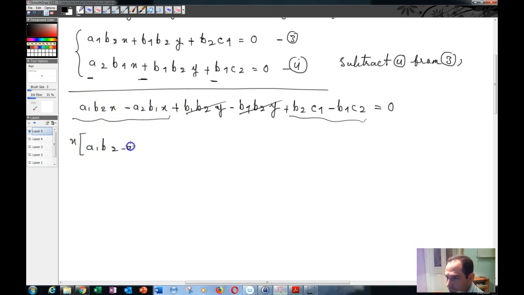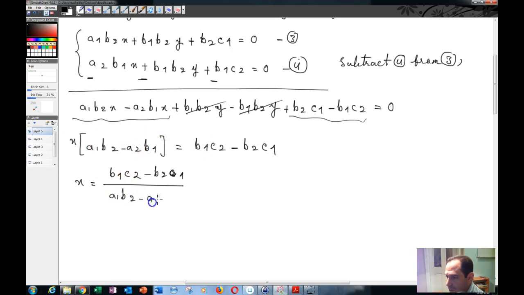a1 b2 minus a2 b1 is equal to, so then you can take these to the other side of the equation, meaning b1 c2 minus b2 c1. And then you can write your x as this whole expression, b1 c2 minus b2 c1, over this whole expression, a1 b2 minus a2 b1.